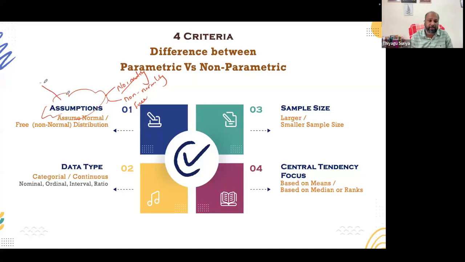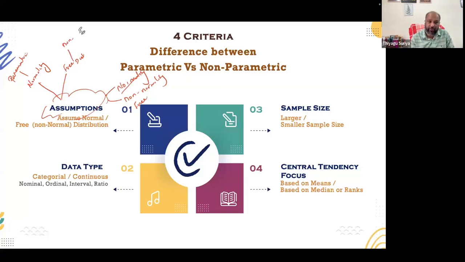So you have to decide: if your distribution satisfies the normality, listen, if the distribution satisfies the normality, go with the parametric analysis. If your distribution satisfies non-normality, which is nothing but free distribution, like you know skewness or kurtosis is present, and it comes under free distributions, then we need to go with non-parametric.